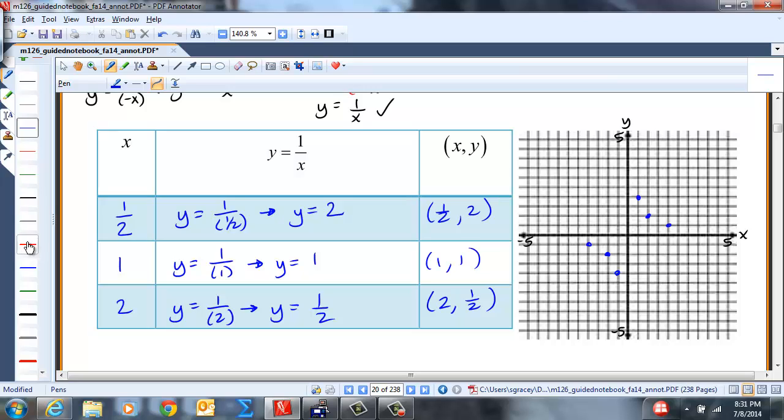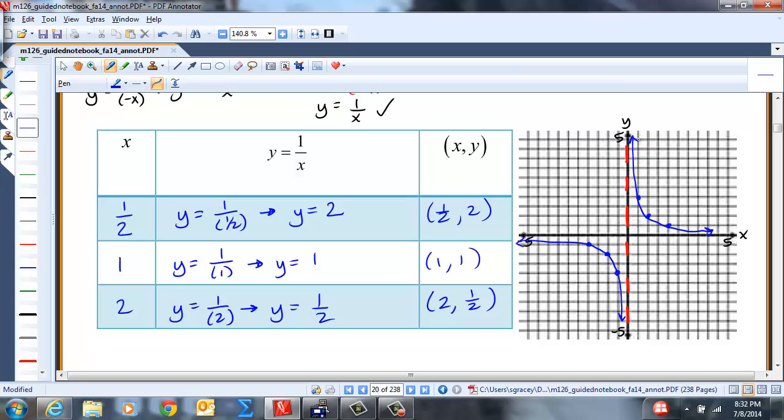And remember, we had said there was going to be a vertical asymptote here. So our picture is going to look something like this. And you see that that's reflectional symmetry about the origin.